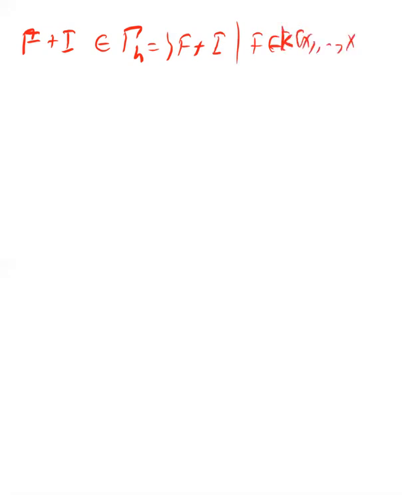So if you take a polynomial F, then F plus I is in gamma(V), right? This gamma(V) is the set of F plus I such that F is a polynomial in k[x1, ..., xn+1].